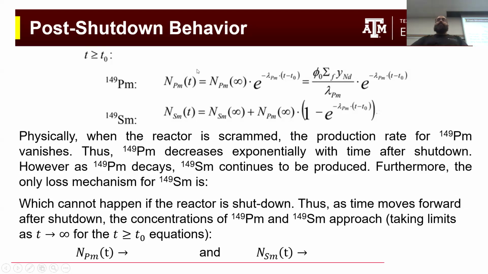We would take these new equations for the post-shutdown solutions, and we would evaluate them as t goes to infinity. So that's what we're going to do here. We're going to take these post-shutdown equations, and we're just going to make a note that the only way that samarium could be lost is by neutron absorption.